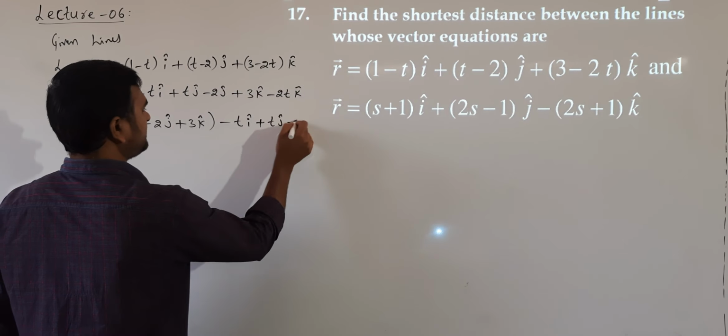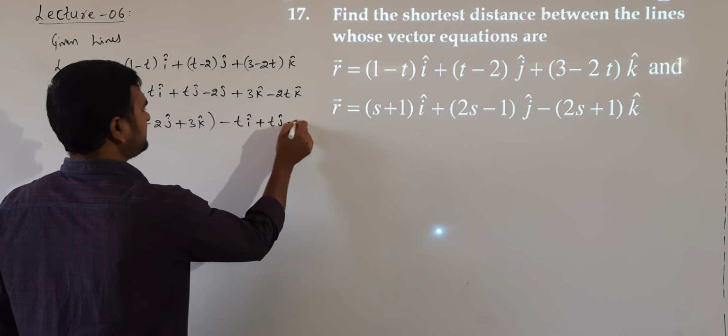Whatever the constants, maybe lambda, mu, t or s, any constant we can consider. So what is a1 bar? a1 bar is i minus 2j plus 3k, and a2 bar is i minus j minus k.